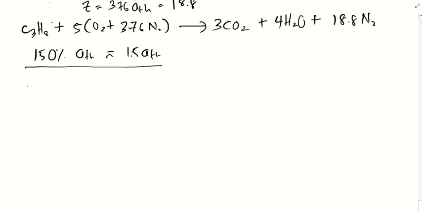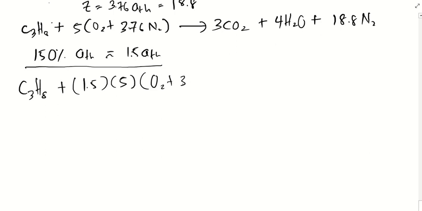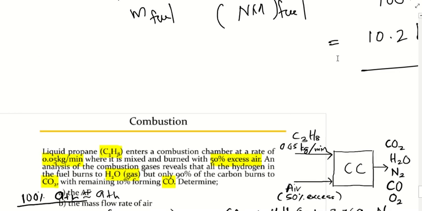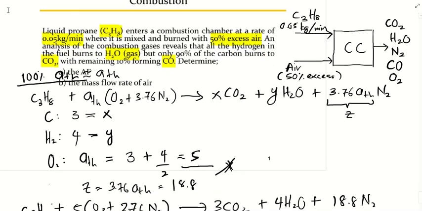You have C3H8 plus air, so 1.5 multiplied with 5, 1.5 ATH, O2 plus 3.76 N2. Next we go to the carbon dioxide. If you notice, carbon dioxide from the equation is actually 90%, so 0.9 carbon dioxide.